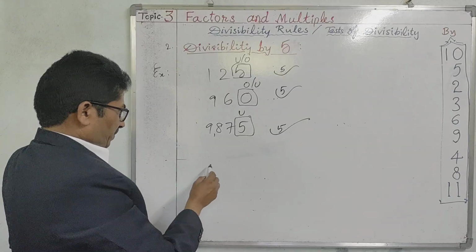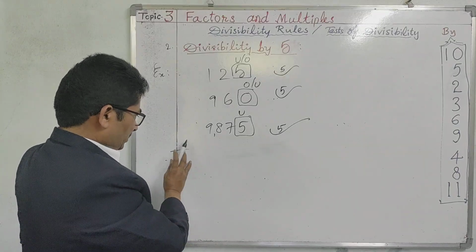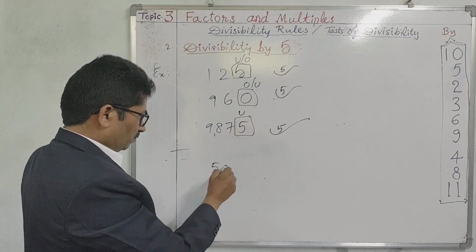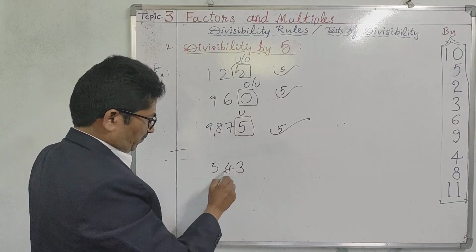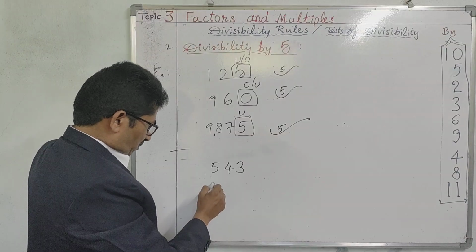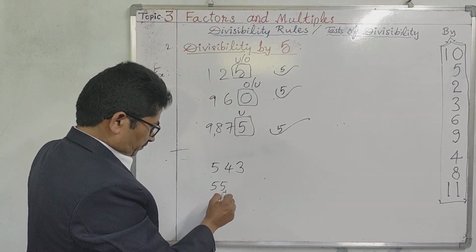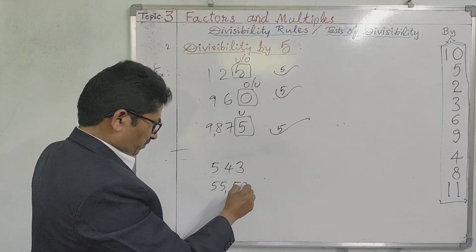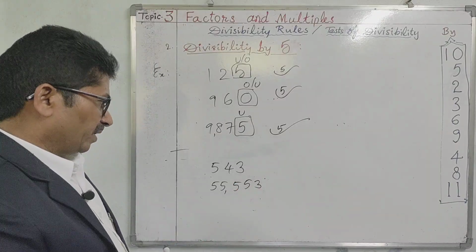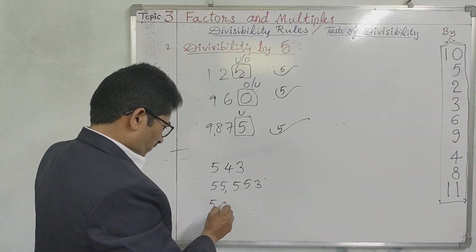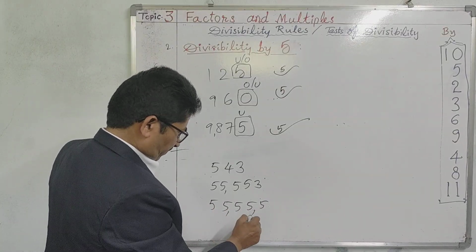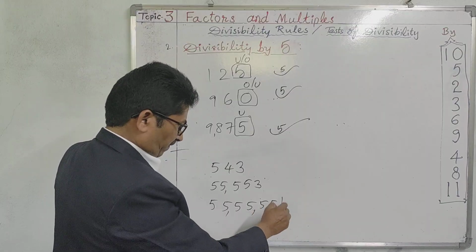I am giving some more examples. Give answers: are these divisible or not? 5432, 543, 55,553, 5555, 5555551.